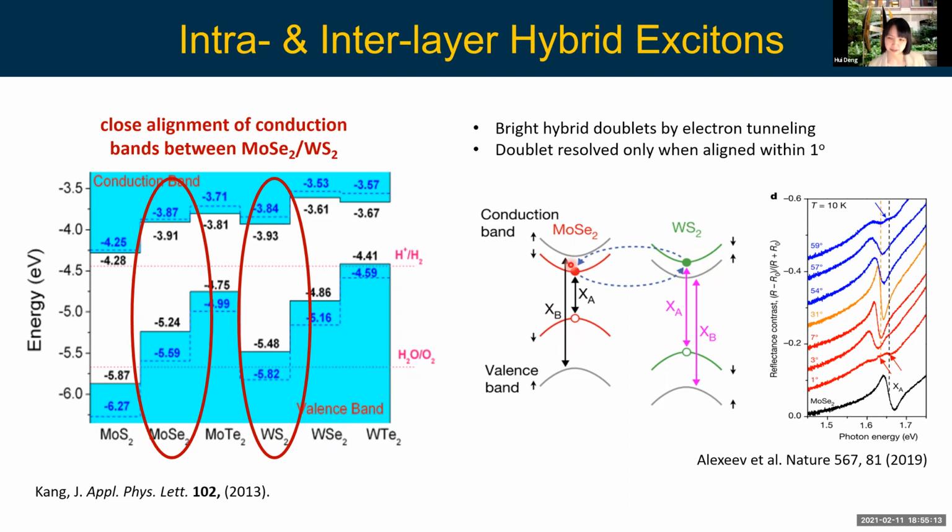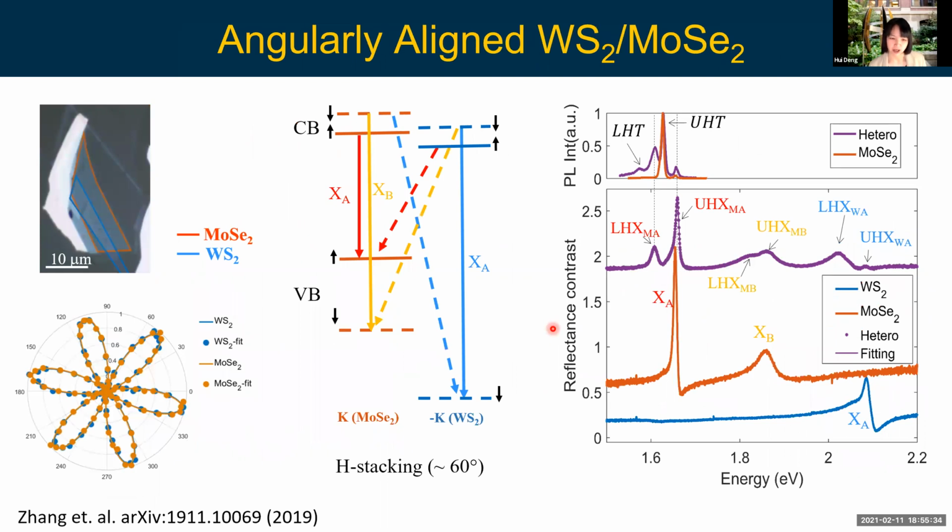Here they are in the same layer, they couple to light very strongly. Here they are in different layers, they couple to light very weakly. So if we measure the absorption, if we see nothing, we probably have such a transition. If we see strong absorption, we have such a transition. So that gives us a way to know what is happening in the system.